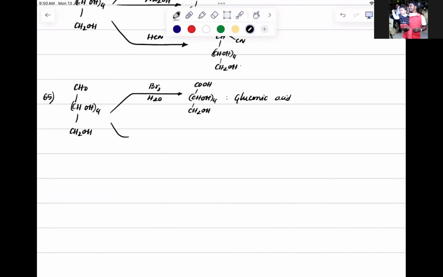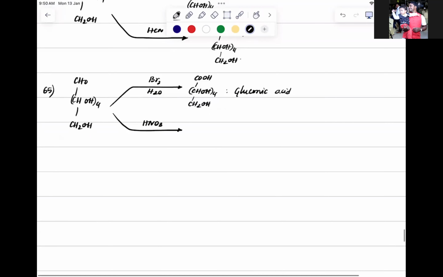While if you react this with dilute HNO3, then we'll get COOH on top and CHOH 4 times and COOH on the bottom. This is glucaric acid.